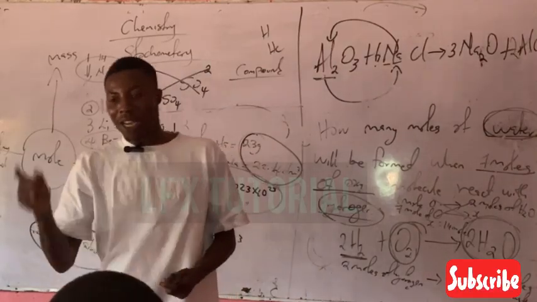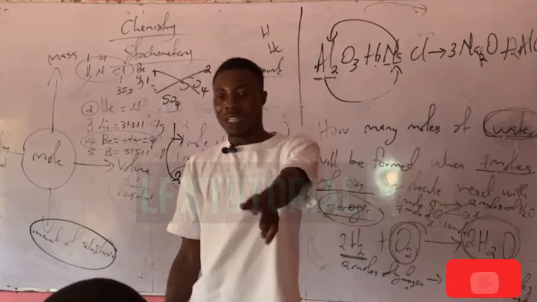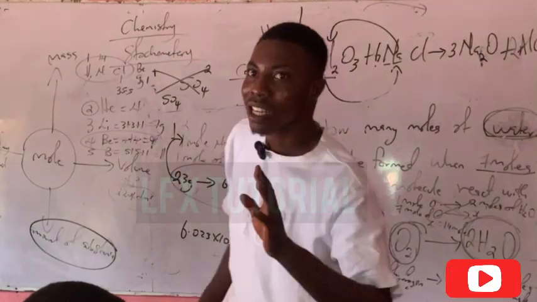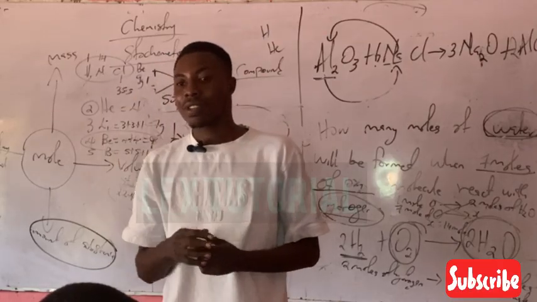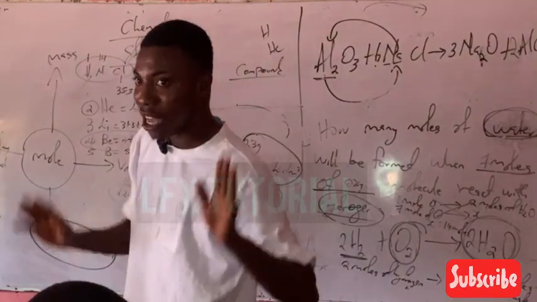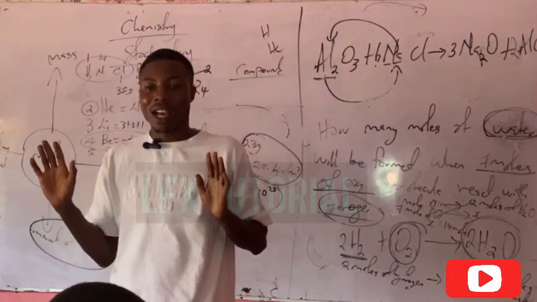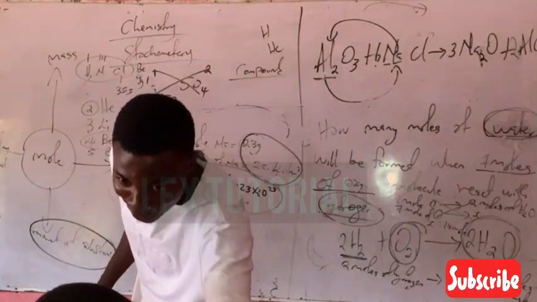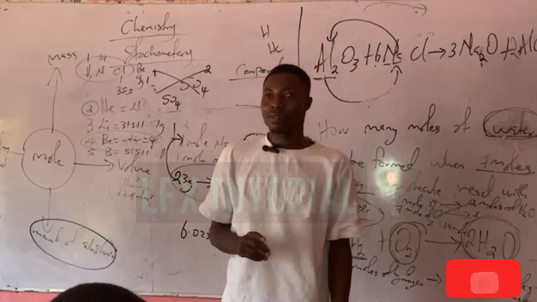Let me give you an instance so you can understand. If I say Godwin is answering how many names? 3 names. If I call him Godwin, he will answer. If I call him Michael, he will still answer. If I call him Chemere, he will still answer.